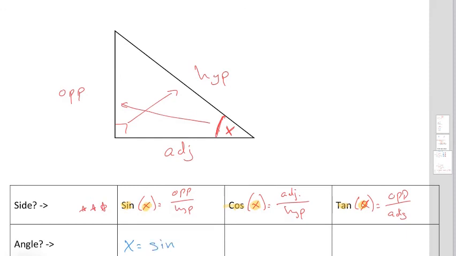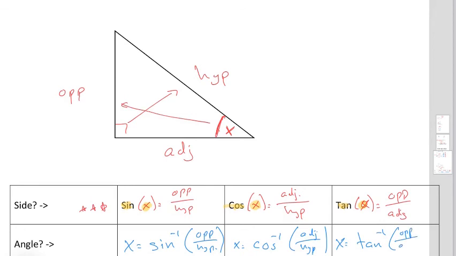In the calculator, I would input the inverse sine, and then whatever the opposite side over the hypotenuse side is. Same for cosine. If I wanted to get my angle, I would use cosine inverse, and then whatever the adjacent side over the hypotenuse. And lastly, same with tan of x. If I wanted to solve for the angle, I would simply put tan inverse, and then whatever the opposite side over the adjacent side is.